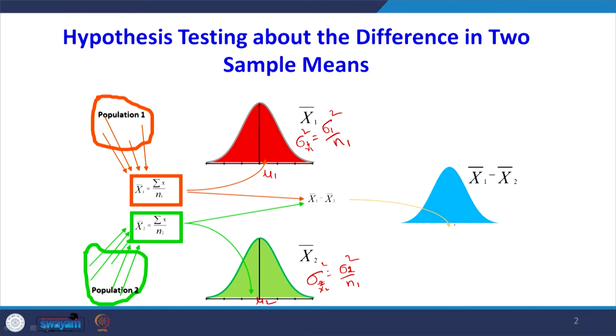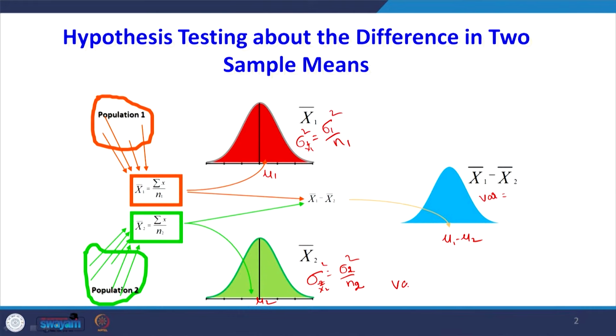The mean of this population is mu 1 minus mu 2. For the variance, we have to find the difference of these variances. For population 1, the variance is sigma 1 square by n1. For population 2, the variance is sigma 2 square by n2. If we want the variance of the difference, we have to add the variances.